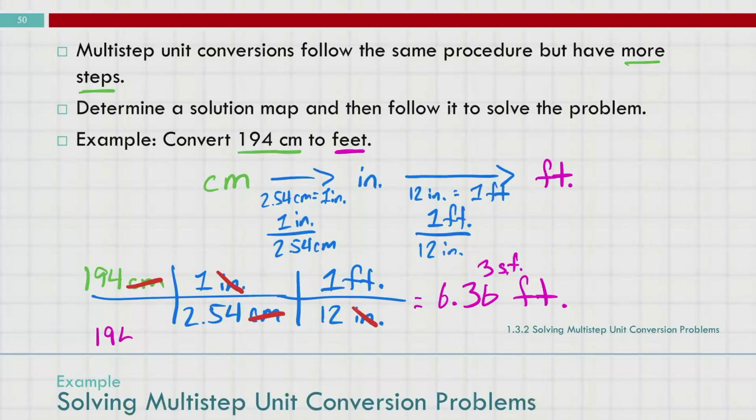So we can do 194 over 2.54 also over 12. That'll get you the right answer. Or you can do 194 divided by, and then do 2.54 times 12 in parentheses. Those will both get you the correct answer on your calculator. Questions? Okay, we'll finish chapter 1 next class.